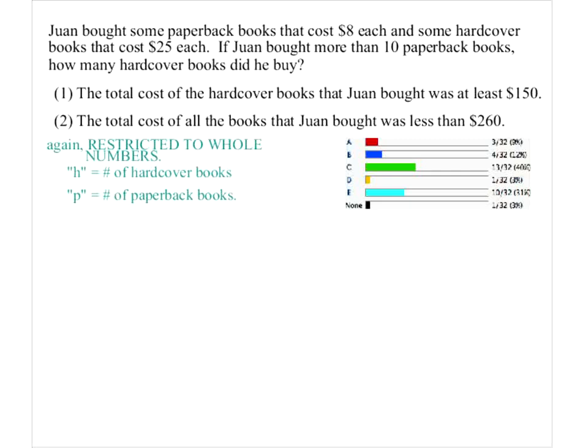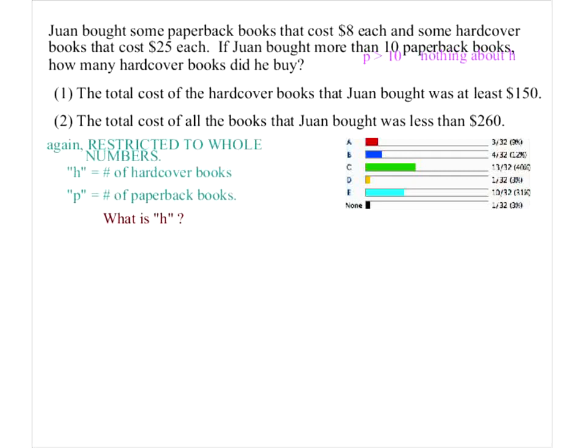And the question asks you, what is H? Basically, the problem statement tells you that P is greater than 10. And that's actually all that it really tells you, nothing about H.